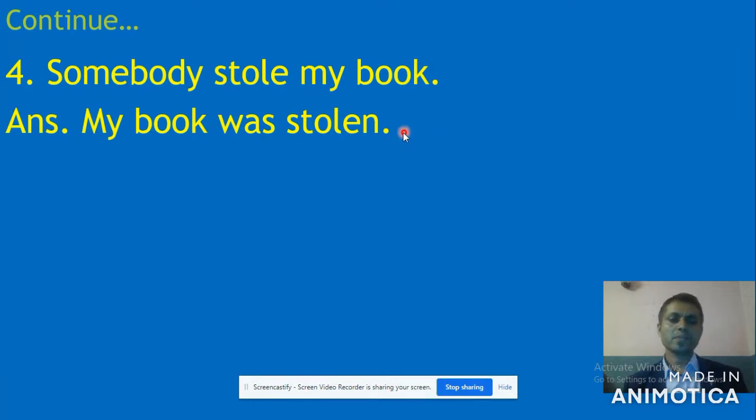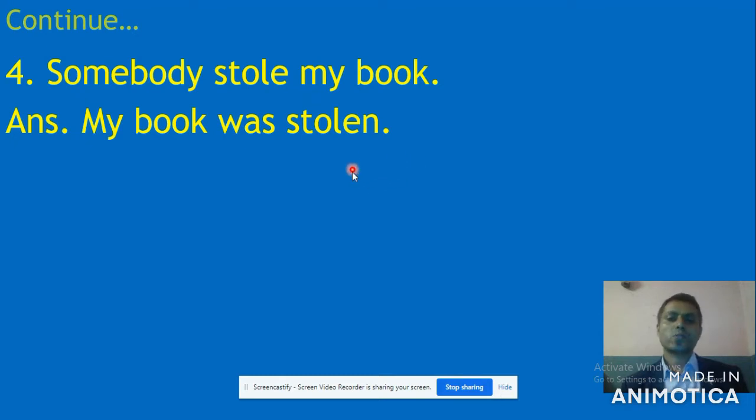Got it? If there is somebody, someone, anybody, anyone, no one, nobody, if such a type of big subject comes, then we don't write by plus agent. SENA: S, E, N, A, police, people. In that case we don't write the agent. S refers to someone, somebody.